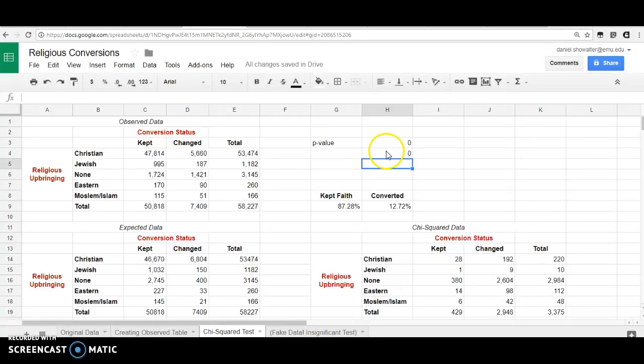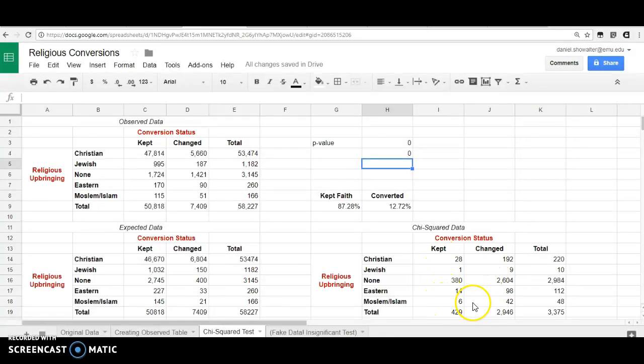Typically, I would just do that. I wouldn't have you do unnecessary calculations. The reason why I think it's valuable here is because this table does give us some information. It lets us see, okay, we rejected the overall thing. We know that not all faiths are as likely to convert as other ones, but we want to see where some of those differences came in.